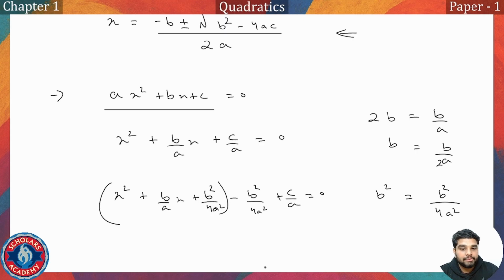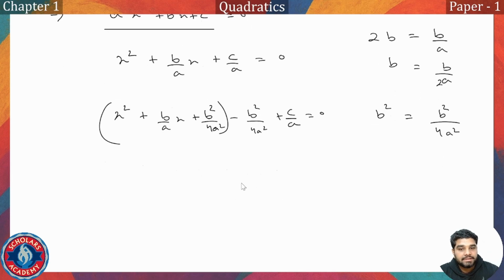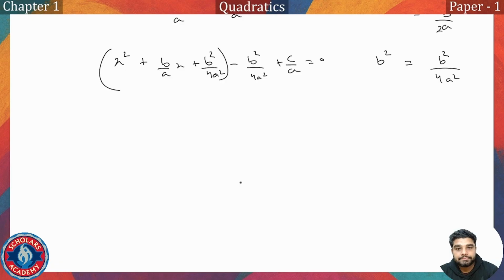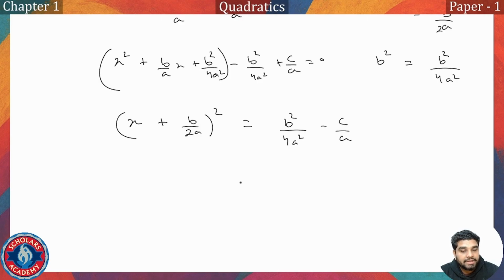This is the formula of a whole square, and I will take the rest of the terms to the other side. So I get (x + b/2a)² = b²/4a² − c/a.